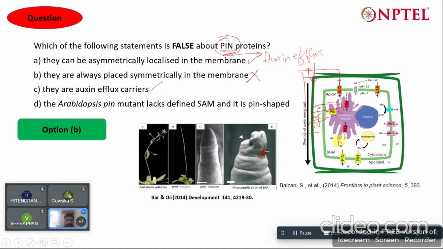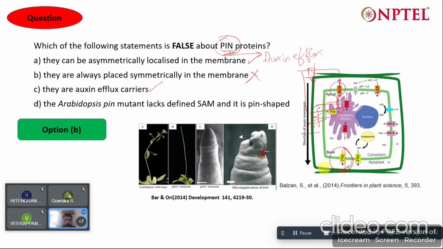And here is the explanation. As I was saying, AUX1 is the influx transporter of auxin and pin is the efflux exporter. So it will be localized only on the side where the cell wants to send the auxin out from the cell.